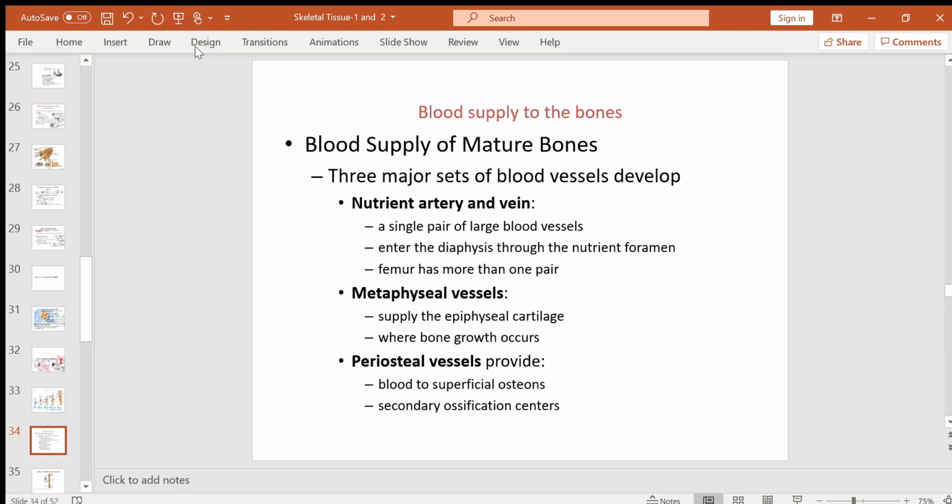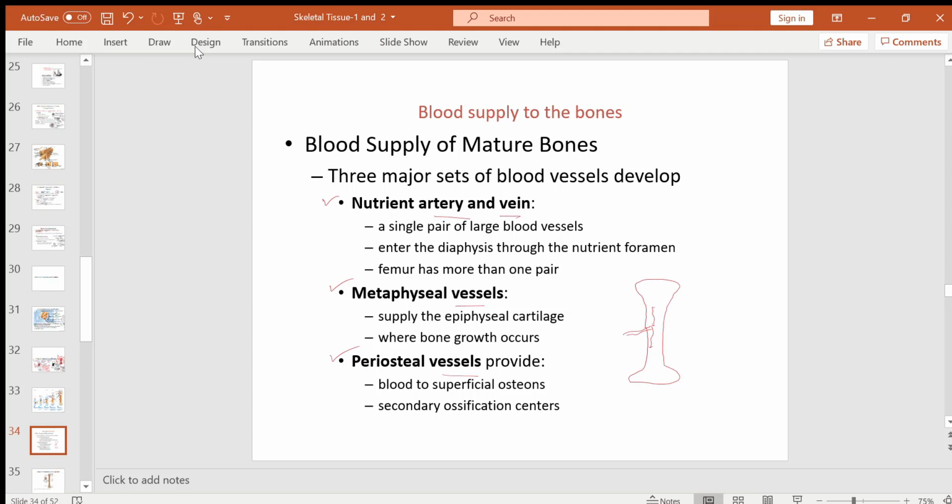Blood vessels in a long bone. In a long bone, three sets of blood vessels supply blood: nutrient blood vessels, metaphyseal vessels, and periosteal vessels. Let me quickly draw here. Through the middle of the shaft, the nutrient blood vessels enter and branch like this.